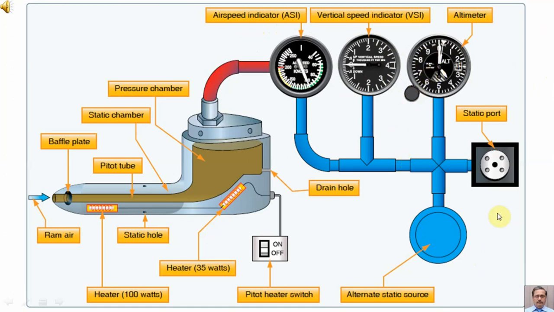Altimeter and vertical speed indicator are connected with the static port only, but the airspeed indicator is connected with the static port as well as the pitot tube.